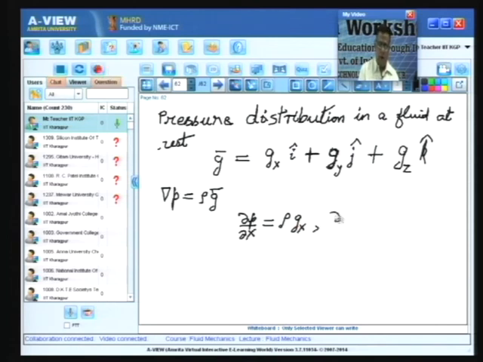Then if you look at the y component, you are going to have del p del y is equal to rho g y, and if you look at the z component, you are going to have del p del z is equal to rho into g z. So, these are the three equations which you have to solve.